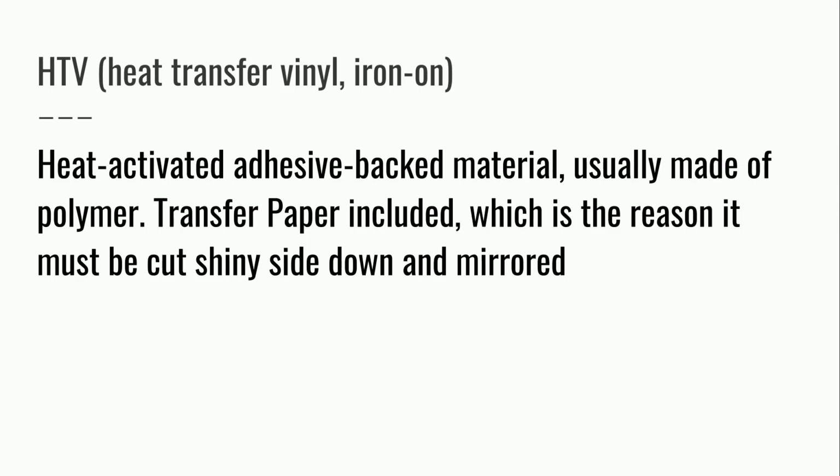Next is HTV, which means heat transfer vinyl or iron-on. Now, heat transfer vinyl is a heat-activated, adhesive-backed material, usually made of polymer as well. Transfer paper is included in this product for most of the HTVs that we have found, which is the reason that this particular product must be cut shiny side down and mirrored.